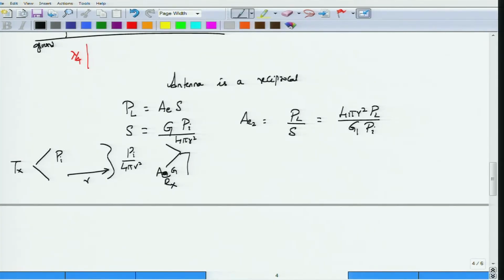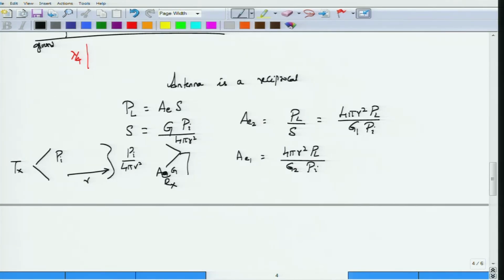Now, what you just have to understand is that the same antenna can act as a receiver or a transmitter. So, if this acts as a receiver, then in place of G1 you substitute G2, and in place of AE2 you substitute AE1. So, the effective aperture for the antenna 1, which is now acting as the receiver, is given by 4 pi r square times the power dissipated in the load, divided by the second antenna gain G2 times the same power that I am putting out.